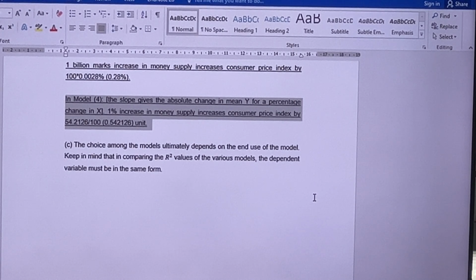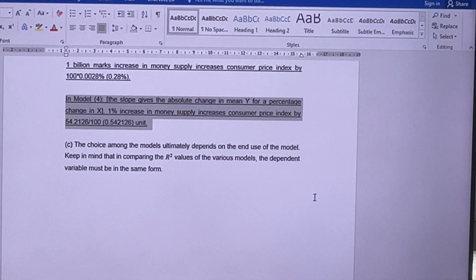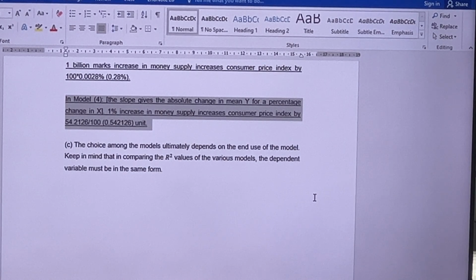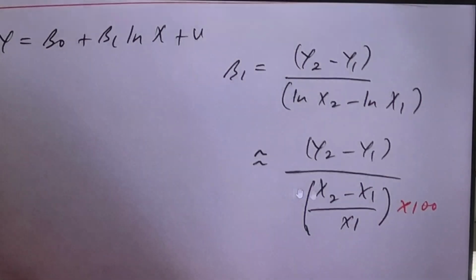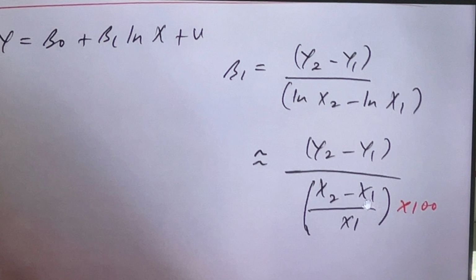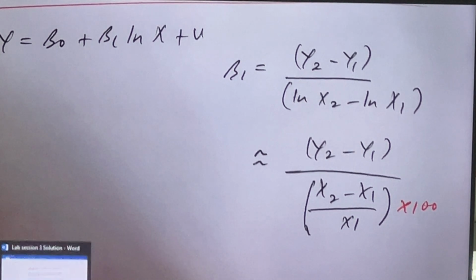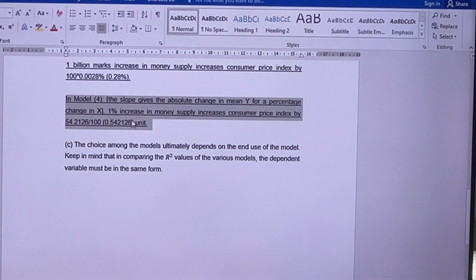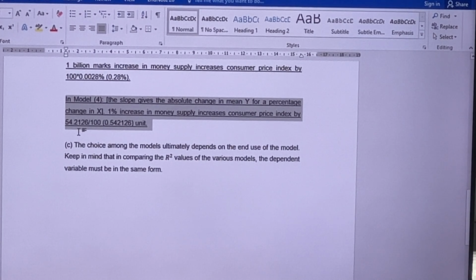So a 1% increase in money supply, this one per unit. 1% change, and then unit Y. Y in unit, X in percent. So a 1% increase in money supply increases the consumer price index by the estimated value 54 something divided by 100 units.